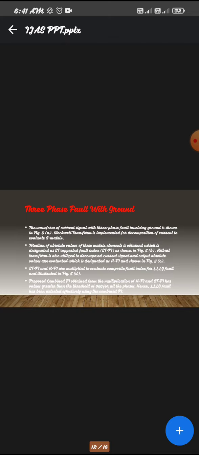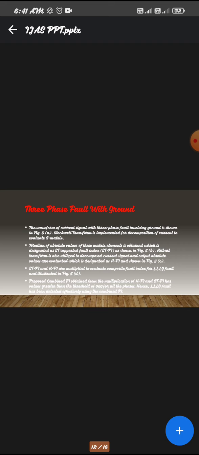And another figure: the three-phase fault with ground. The waveform of the current for the three-phase fault involving the ground is shown, and the Stockwell transform is implemented for decomposition of the current to evaluate the S matrix.